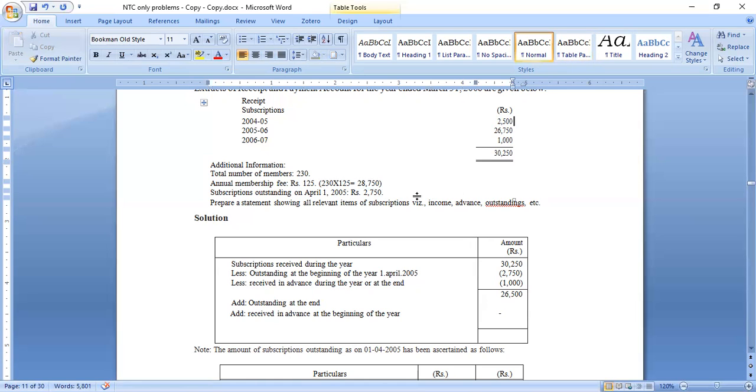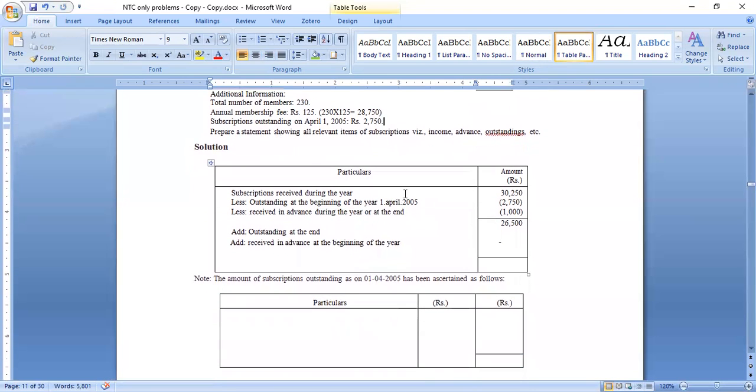So at the end of the year, the outstanding 250, even though it belongs to the previous year, is still outstanding during the year, and this 2000 also belongs to the current year. So it comes up like 2250 is the outstanding at the end of the current year. So we'll calculate this amount here.